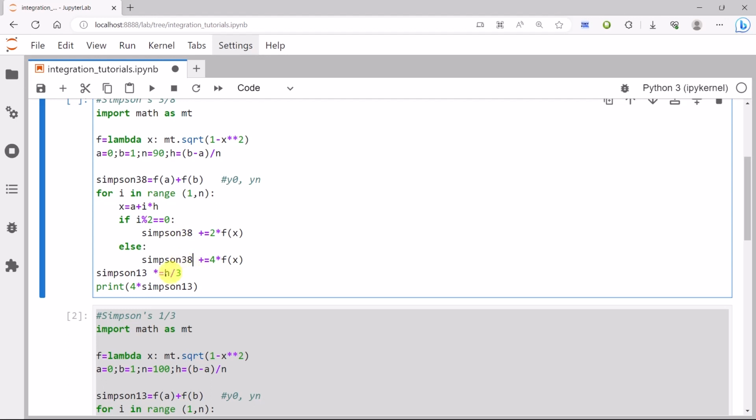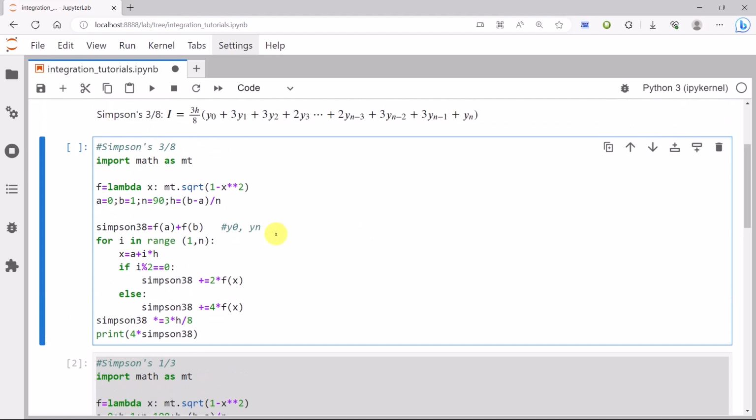We know that this would be 3h by 8, so whatever the addition it is, that is multiplied by 3h by 8.